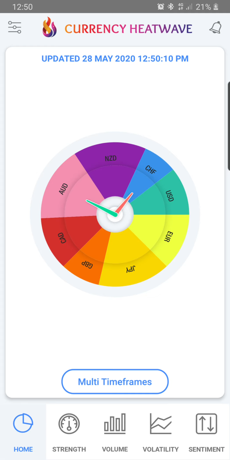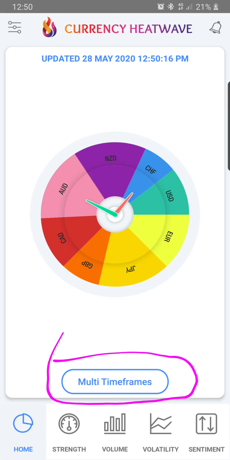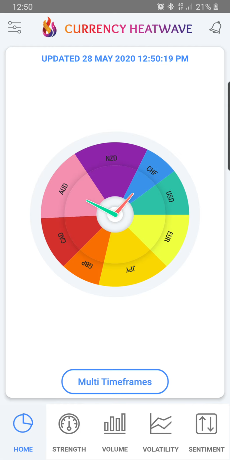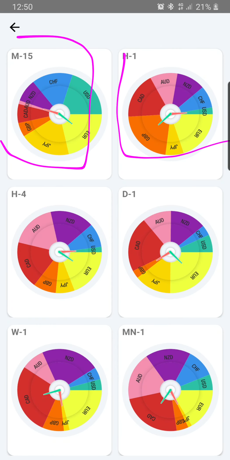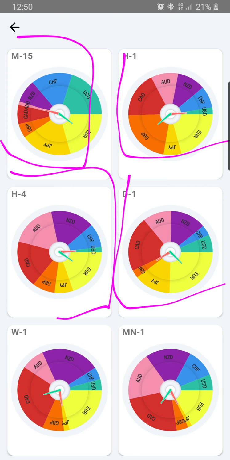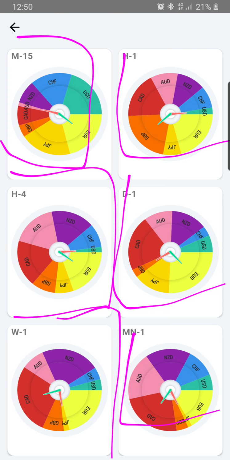We also have a multi-time frame one where you are able to see them on various time frames. Let me open it. For multi-time frame, we have the 15 minutes time frame, 1 hour time frame, 4 hour, daily, weekly, and monthly time frame.